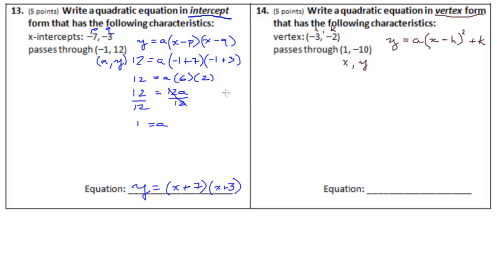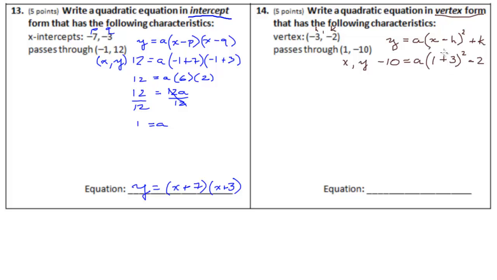So like the previous problem, we'll just substitute. Y is -10 equals a times, and we have an x value of 1 minus h, minus -3, so that's plus 3, square that, plus -2, or let's just put -2.